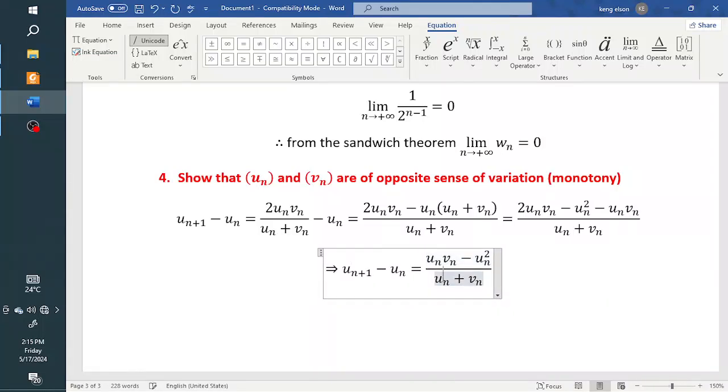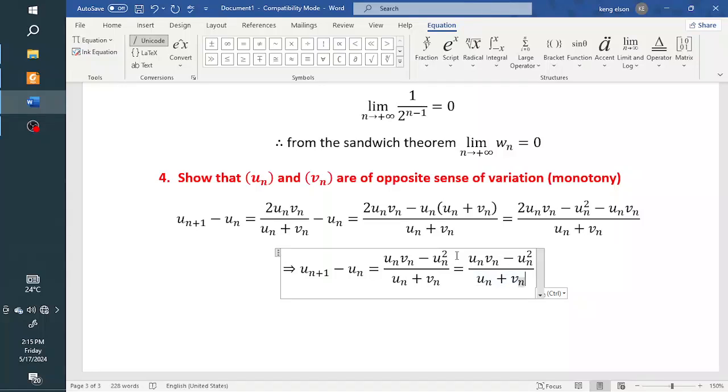Now from the two terms in the numerator, Un is common. So Un being common, if we factorize Un, from the first term we'll be left with Vn, and from the second term we'll be left with Un.